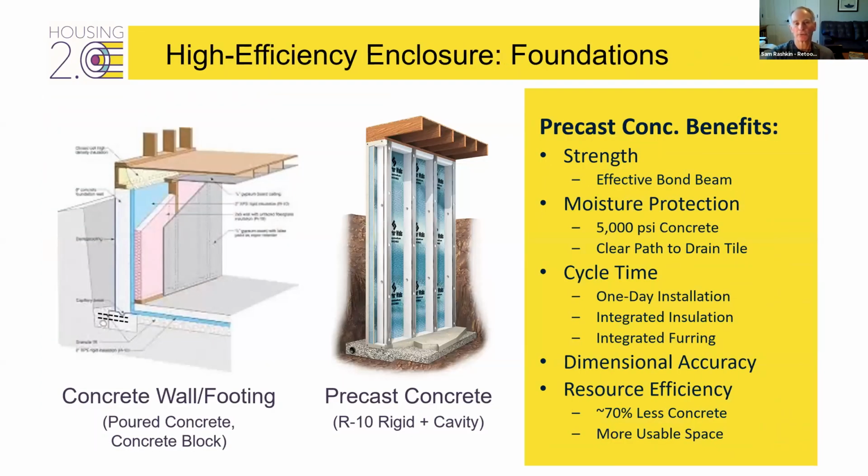And also I like people to be aware that there's solutions we're not even beginning to embrace at the level I think we should. Like precast concrete foundations are so much better insulated, so much more thermal control, because in this case, this product has a complete R10 rigid insulation covering both the outside wall and the ribs that are used for structural purposes, and has a cavity to bring up the insulation inside to R20 plus in the basement.